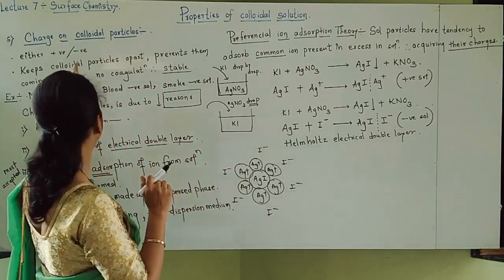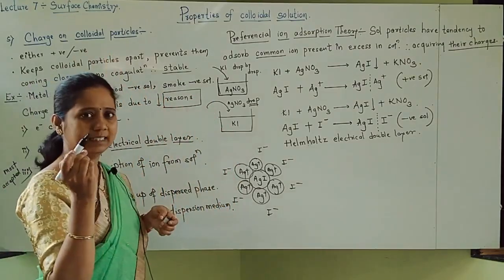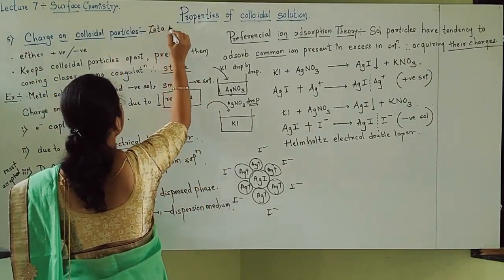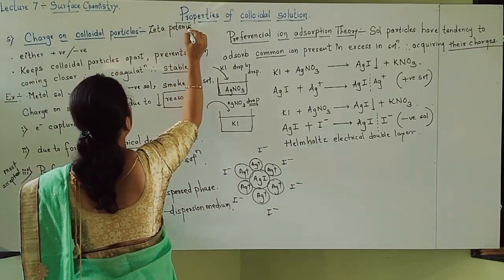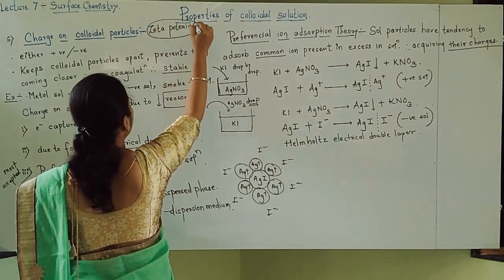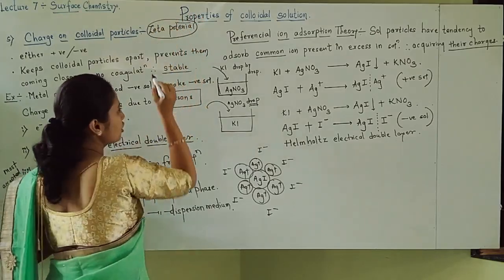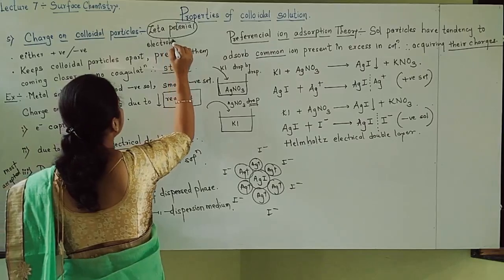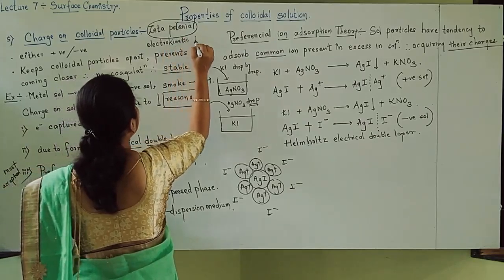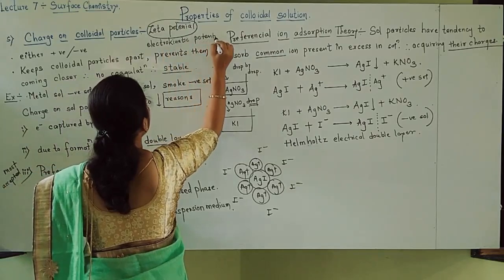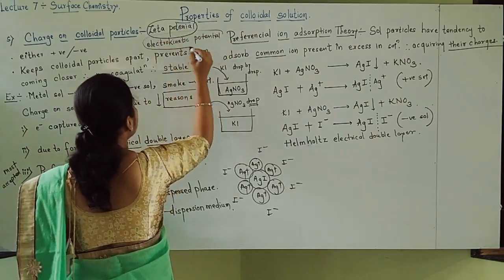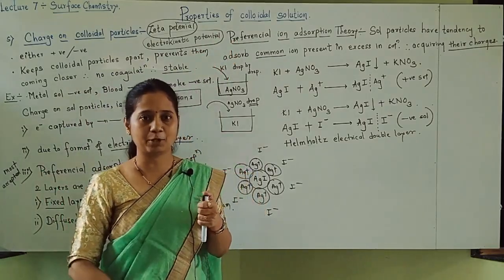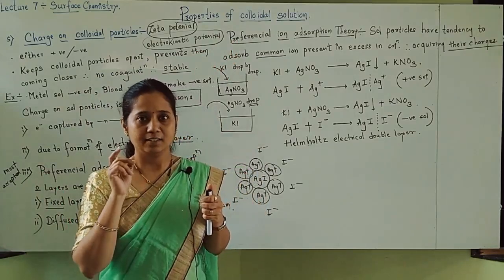On this topic of charge on colloidal particles, generally if they have to ask a question, they will ask, define zeta potential. Here I am writing, define zeta potential. Zeta potential is also called electrokinetic potential. So if they have to ask, only one question will be asked: what is zeta potential or electrokinetic potential? How will you define that?